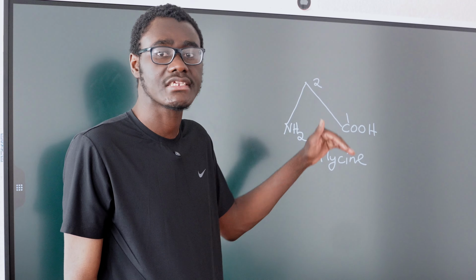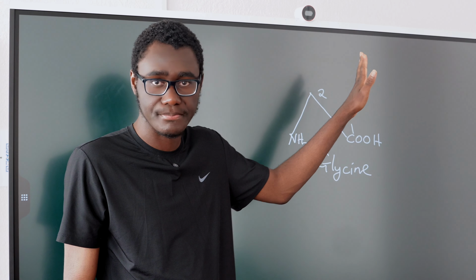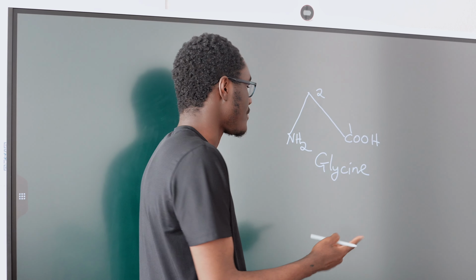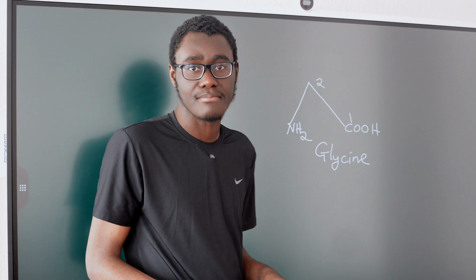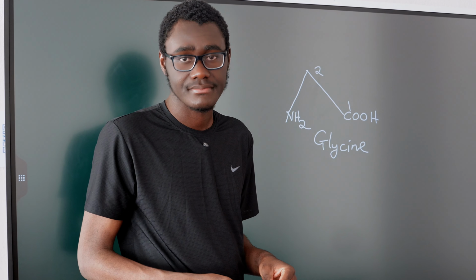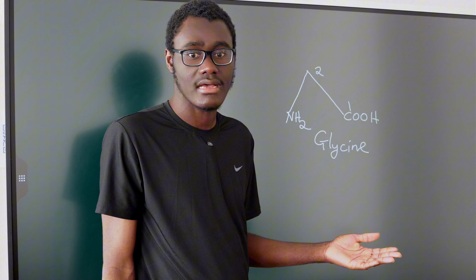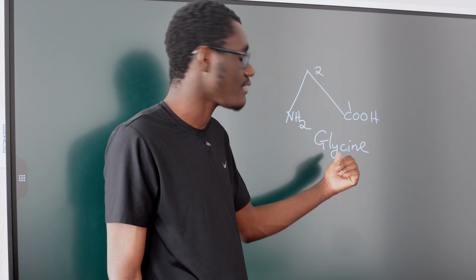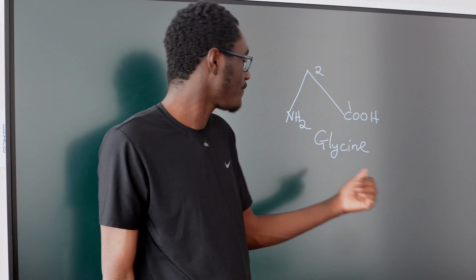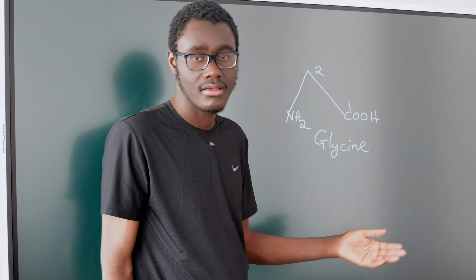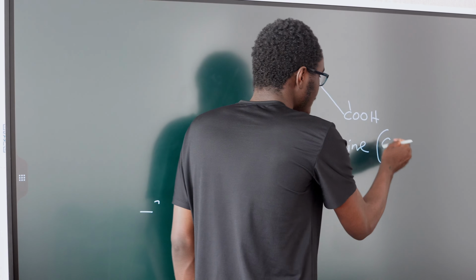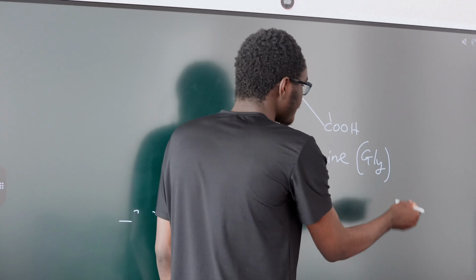It has no extra group or R group. Remember, amino acids are represented by three-letter abbreviations. So glycine starts with the first three letters, Gly. So we use Gly to represent glycine.